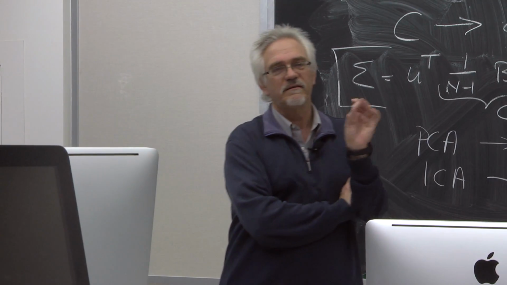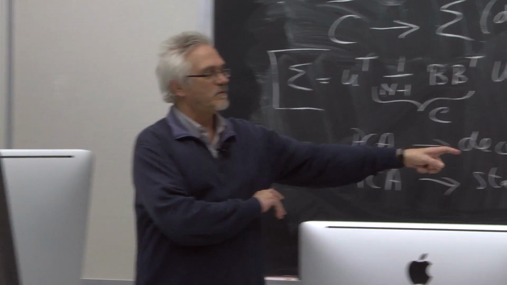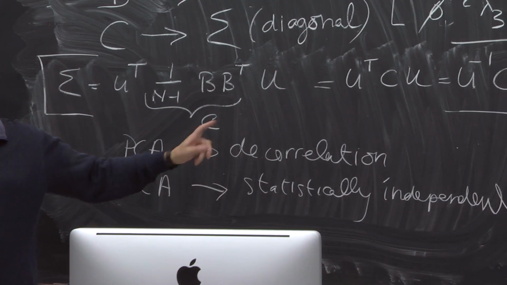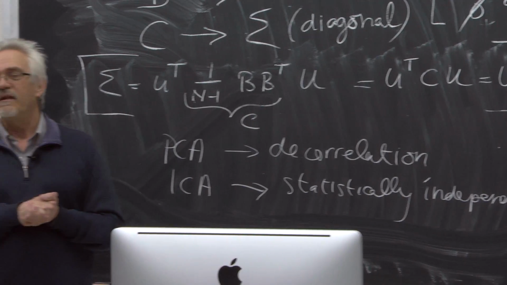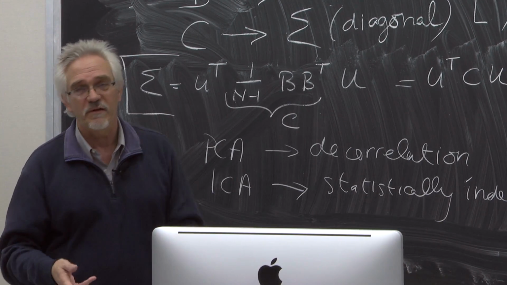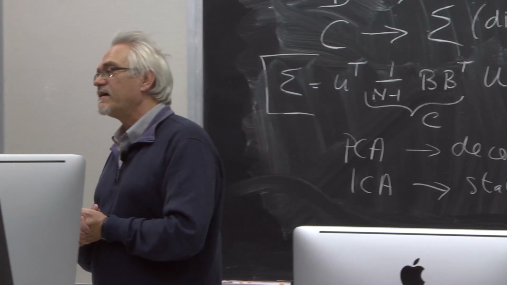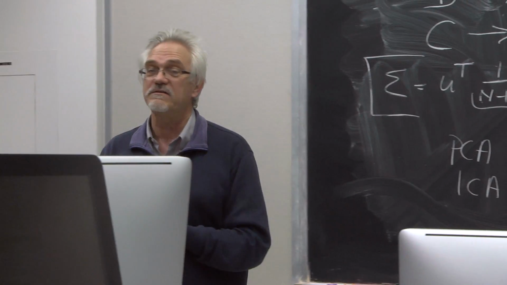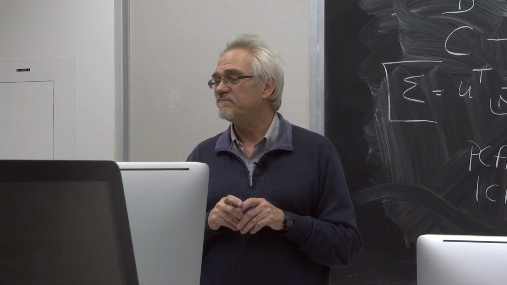If you have data that is normally distributed, then decorrelation means that you're also statistically independent. But if your data is not normally distributed, then decorrelation may not mean that it's also statistically independent. It's not the same thing in that case.